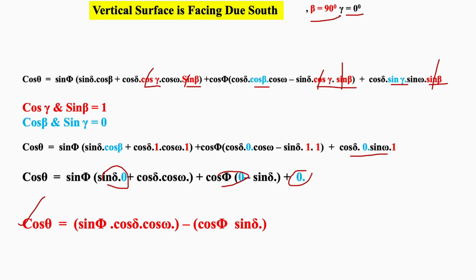It means the angle of incidence in this particular case, when the surface is facing due south, has no effect of the surface azimuth angle, because it is already facing south, and since the surface is vertical, the term beta is also excluded, and the final equation for this kind of case we can simply write like this.